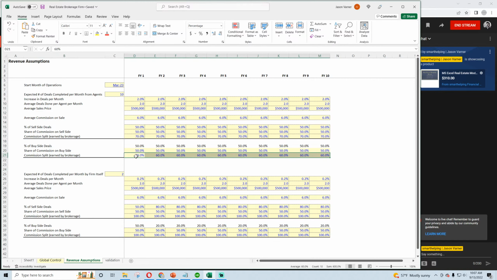And then this could be set up for where the brokerage is earning 100% of the commissions because it's their activity, like the owner's activity. And again, if you wanted to, you can put 3 different levels here if you wanted to copy this and follow all the logic down, but I'm just trying to figure out the best way to make this usable for the most amount of people.